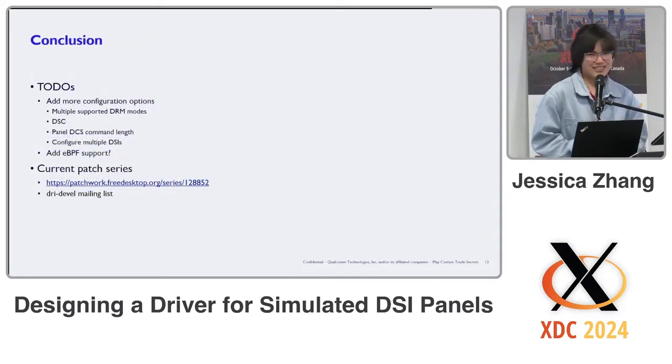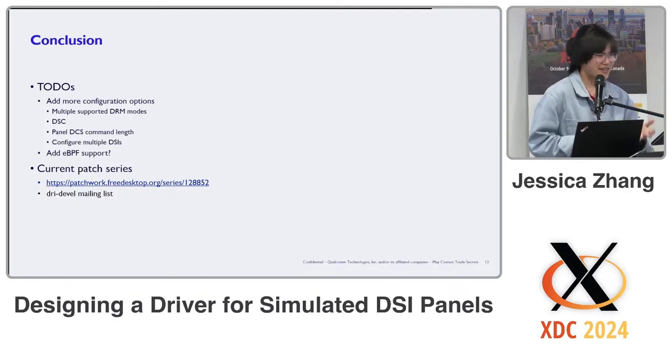Yeah, so there's definitely a lot of work that still needs to be done for SimPanel. First off, adding way more configuration options. We'd like to add the ability to specify multiple supported DRM modes, the ability to configure DSC, and to specify the panel DCS command length, since sometimes devices might operate in different modes depending on whether it's a larger or smaller payload.